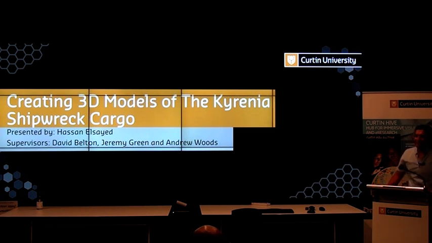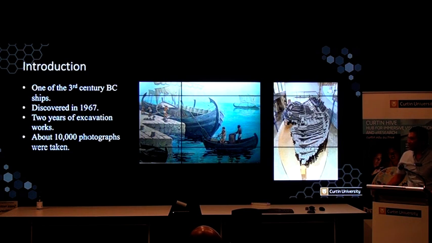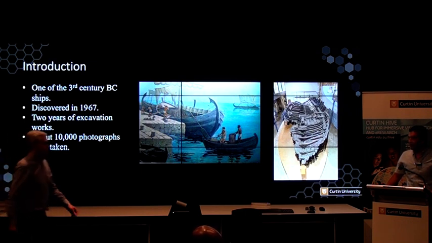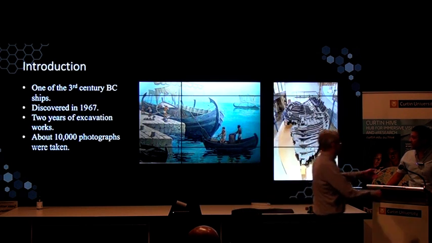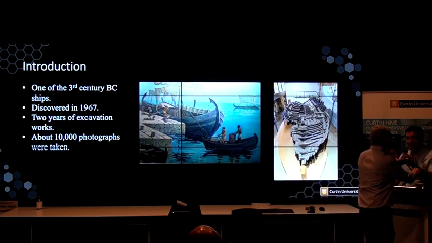So it's a pleasure to be here presenting at HIVE. Today I'm going to talk about my project, creating a 3D model of the Kyrenia shipwreck cargo. First of all, let me introduce our shipwreck. The ship Kyrenia was one of the most interesting ships of the 3rd century BC. It was discovered on the north coast of Cyprus in 1967.